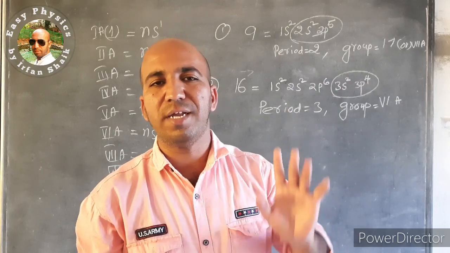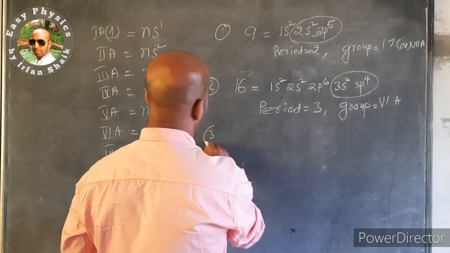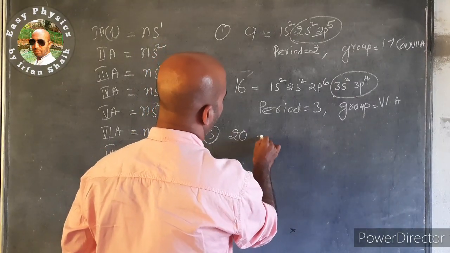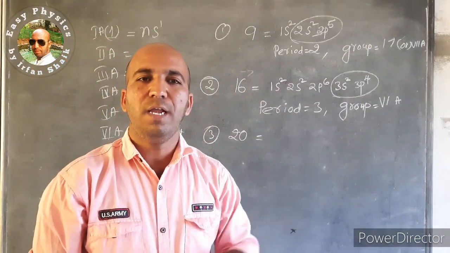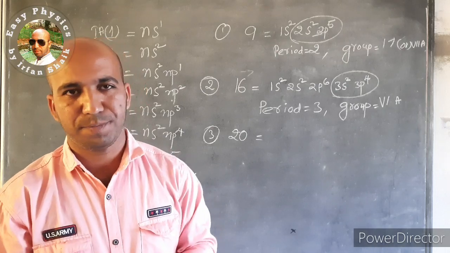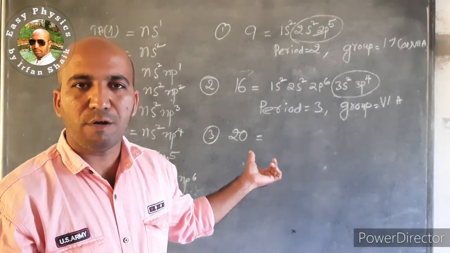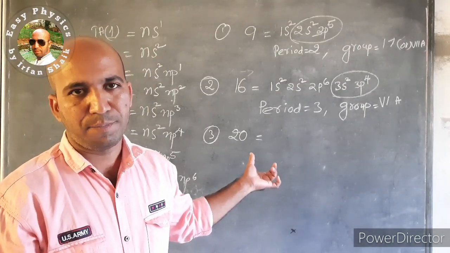Let us take the final example: the element having atomic number 20. Now let us write the configuration of this element.